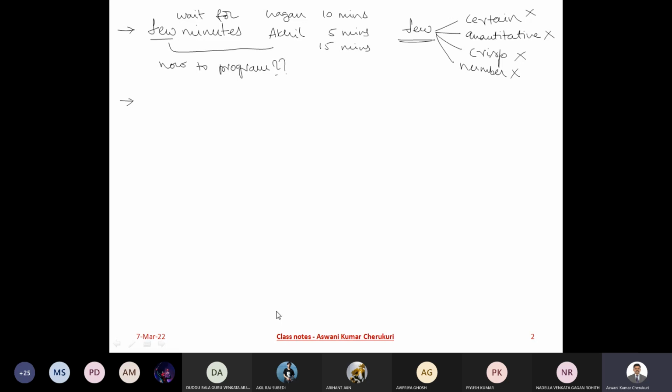Look at this particular use case. Another scenario.